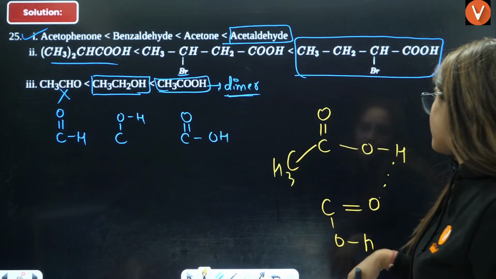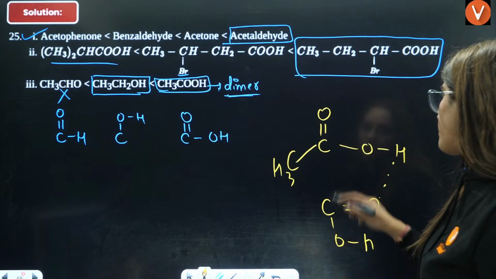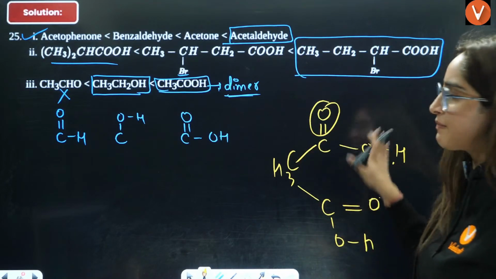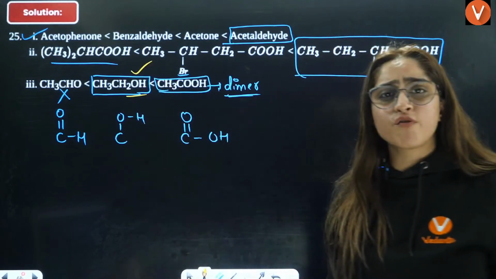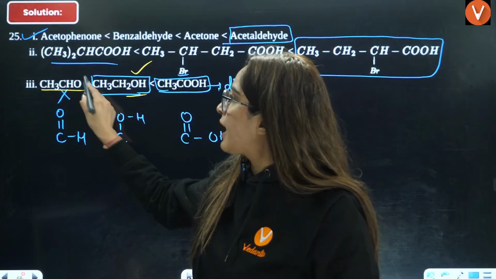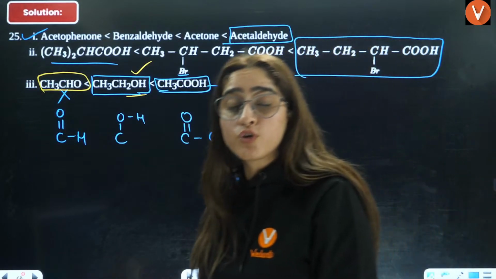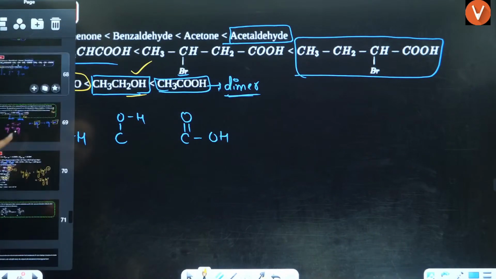It will be formed by this connecting to this and this connecting to this. If you talk about COOH, you will have the formation of hydrogen bonds here. Here you don't have any hydrogen bonds. So more the interaction, more is the force of attraction, more is the bonding, more is the boiling point, right?